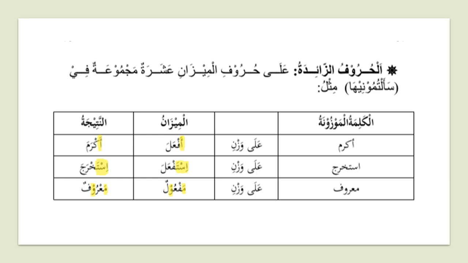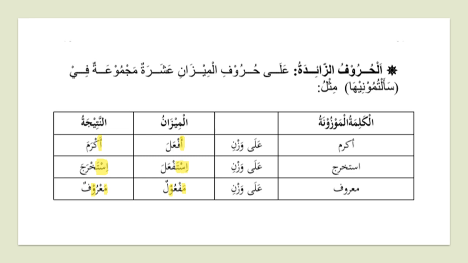Ma'rufun. Who else can now give us the root letters in ma'ruf? On the scale, maf'ulun. Look at the scale, maf'ulun. If you look at maf'ulun, where is the fa, the ayn, and the lam? Then go to the word that has been scaled. What is corresponding to the fa, the ayn, and the lam?